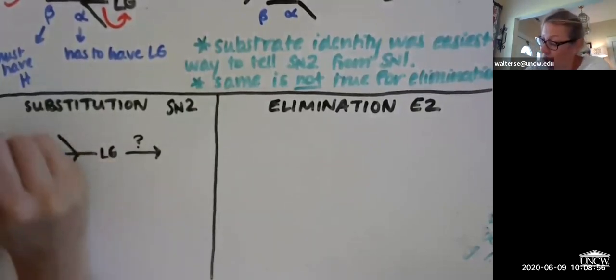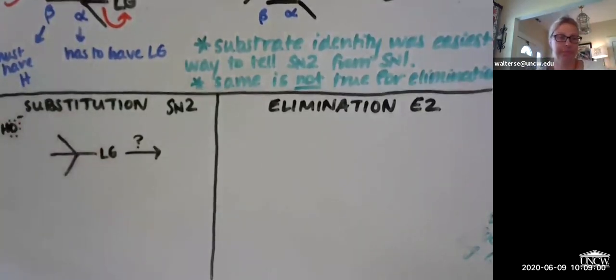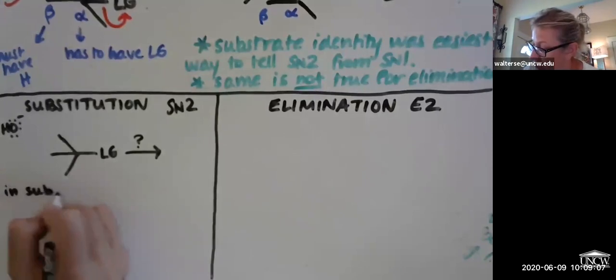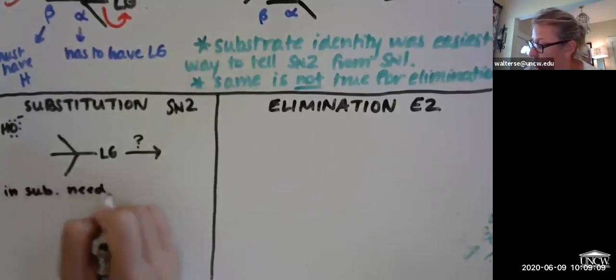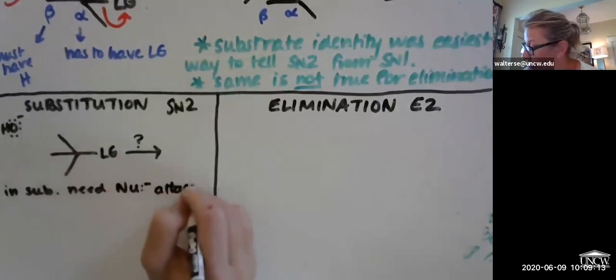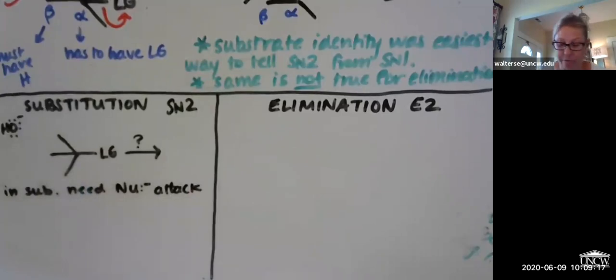Now, a really, really good base is hydroxide. So in substitution, we need nucleophilic attack. And we usually use a strong nucleophile because we have to get to a partially positive carbon.